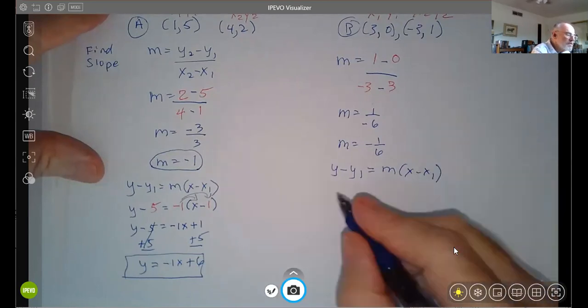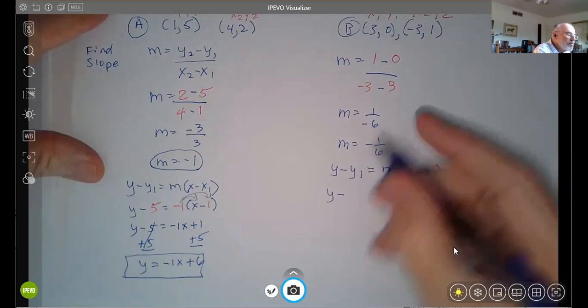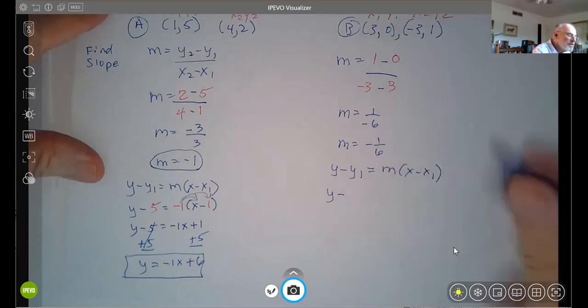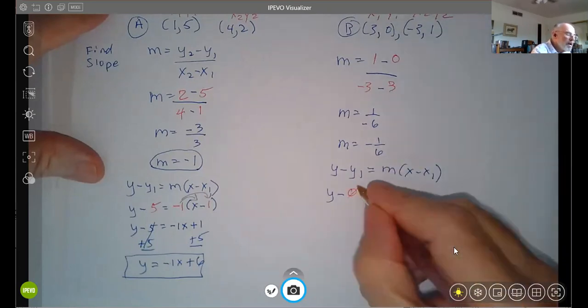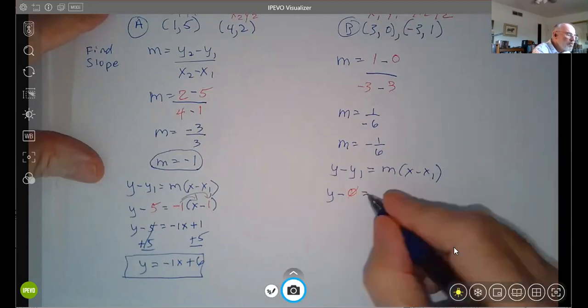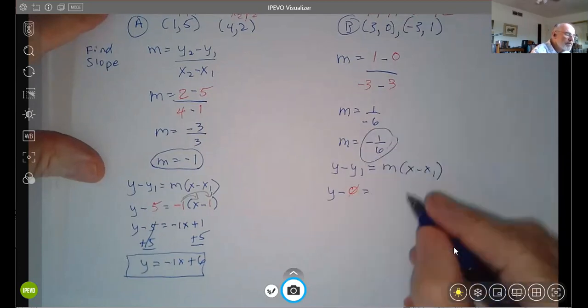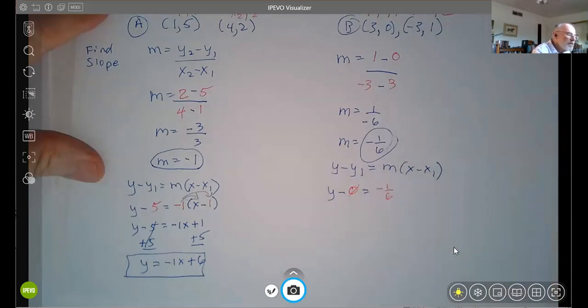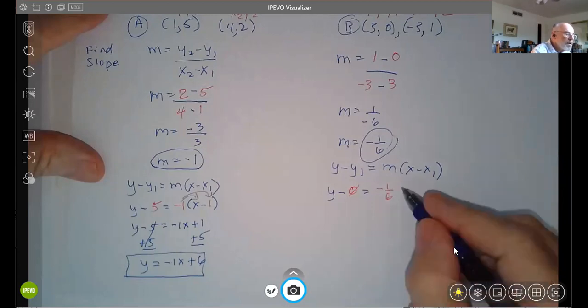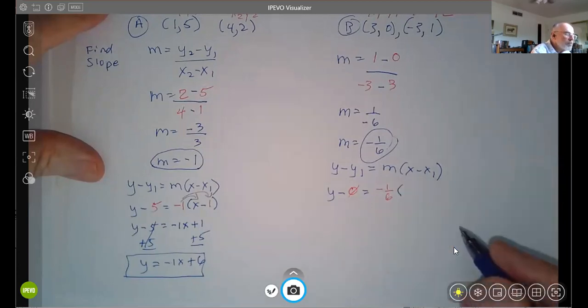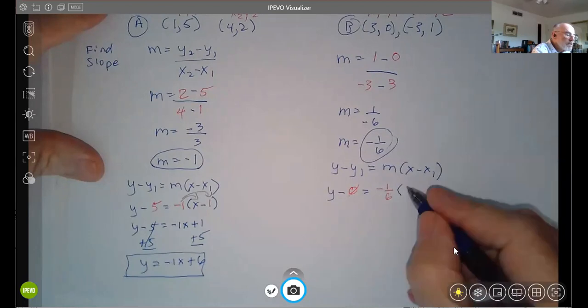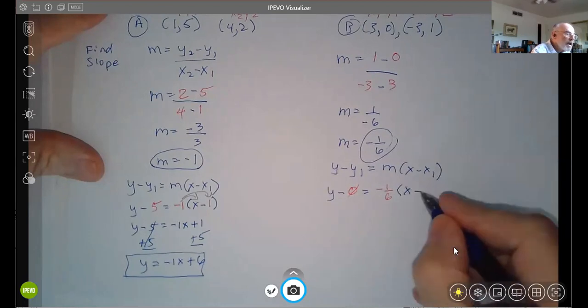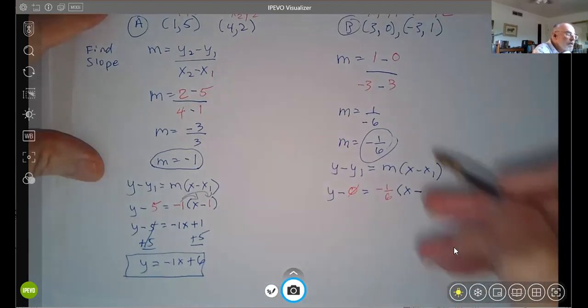And in this case, for my y1, we're going to use 0. So y minus 0 equals our slope, negative 1 over 6, times x minus, and our x1 is 3.